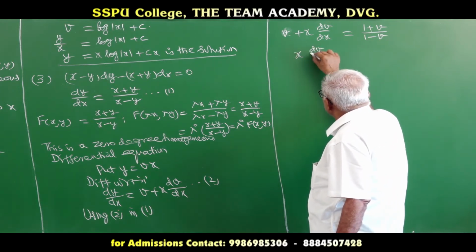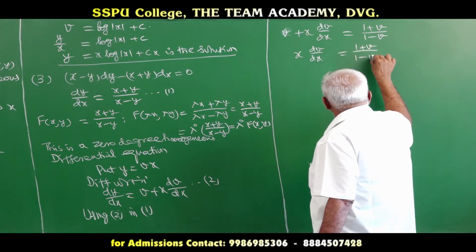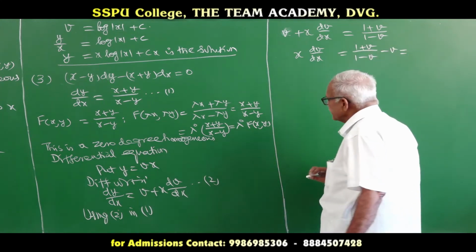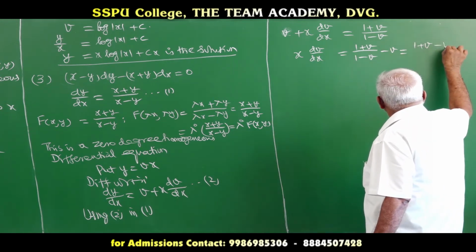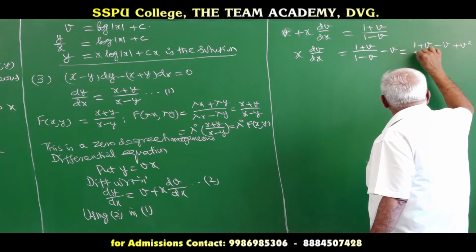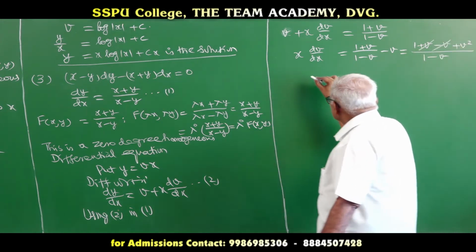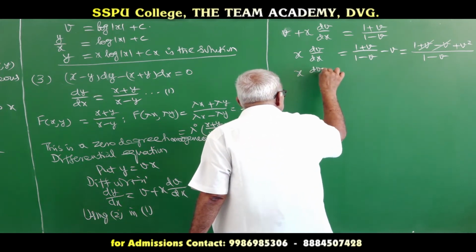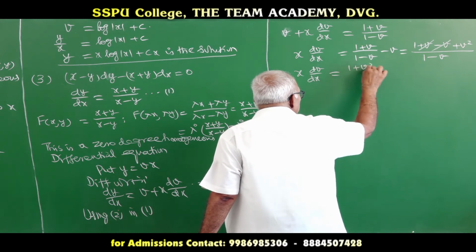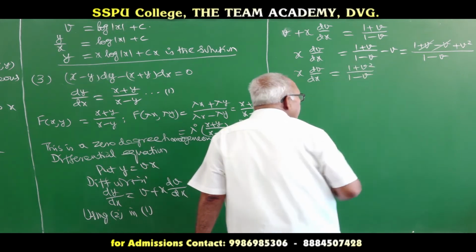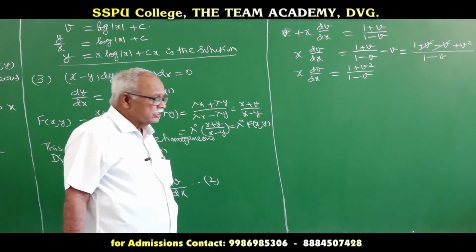So, x into dv by dx is equal to 1 plus v divided by 1 minus v minus v. So, on simplification we get, minus v plus v cancels, x dv by dx is equal to 1 plus v square by 1 minus v.